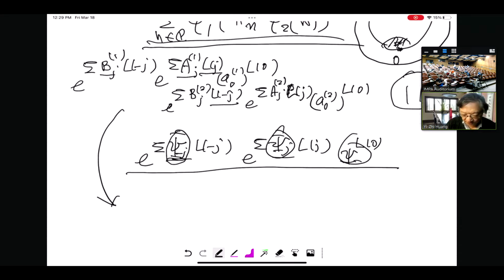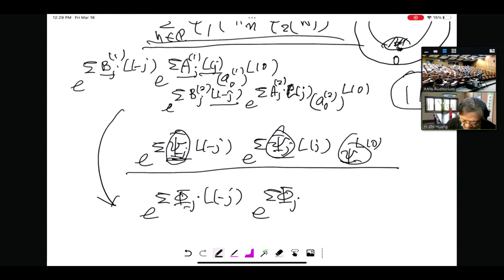Using these commutator formulas, one can use the Campbell-Hausdorff formula, so you can again write this as such an exponential.